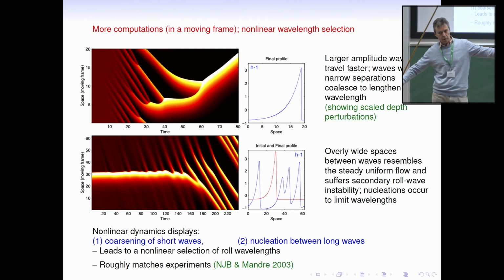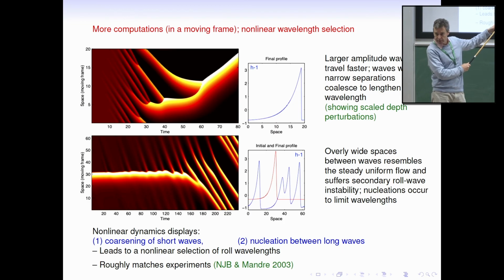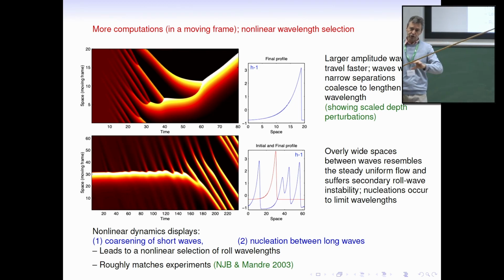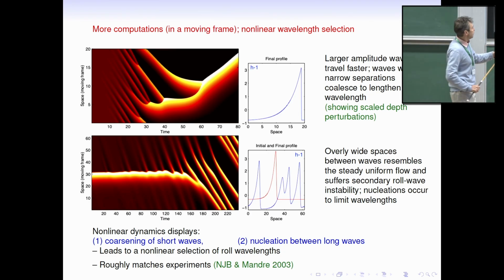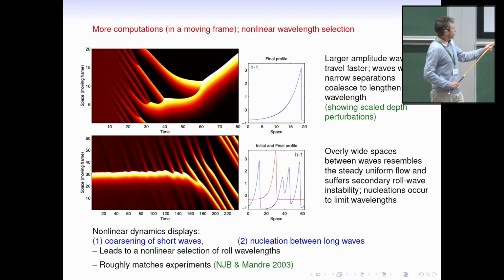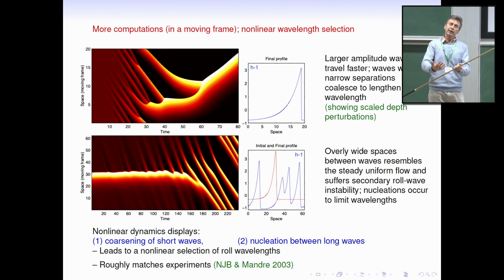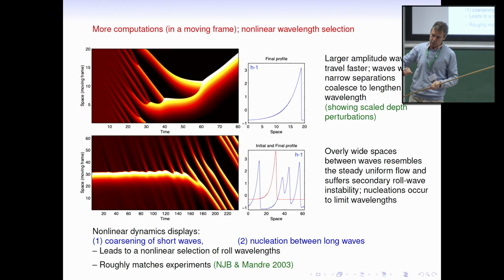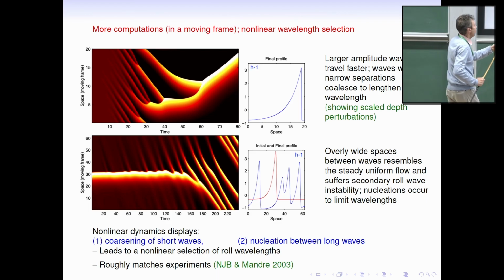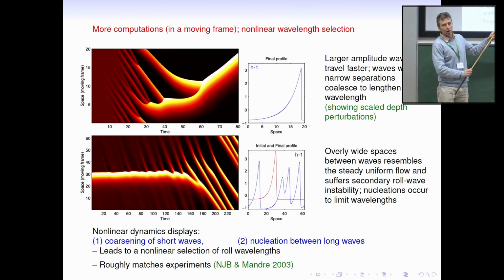However, if you choose a very big domain, this coarsening doesn't appear to continue forever. It seems to stop. And the best way of actually exploring that is to search for steady states and then start initial value computations off with one of those steady states to see if it remains stable. So in this case, what we're doing is we're jumping into a moving frame with a single wave in it, in a big domain, and we've jumped into the frame of the wave, and that's the red profile here, and we've sprinkled in a small perturbation on top of that steady wave profile, and what happens is that more waves grow.